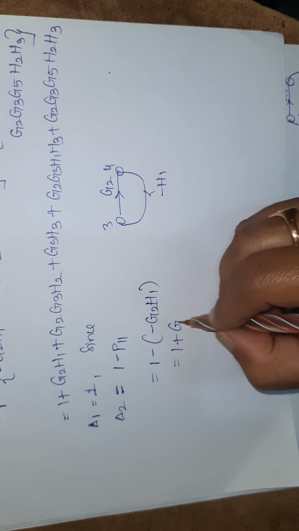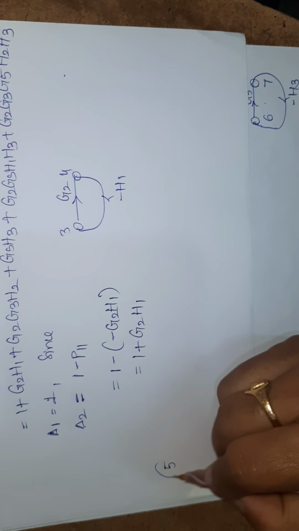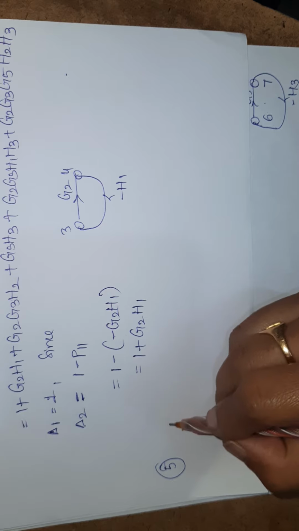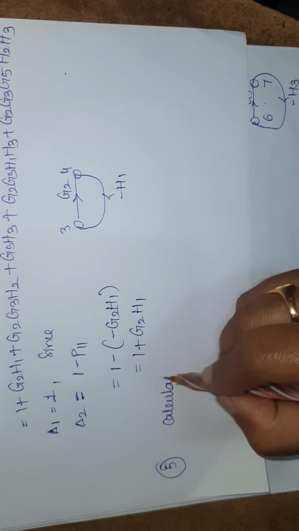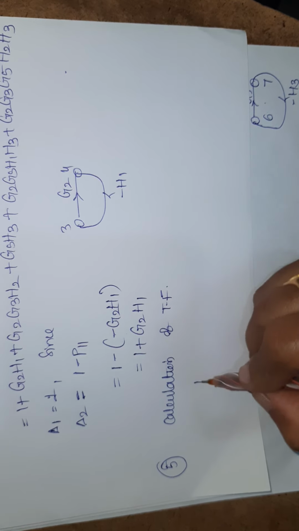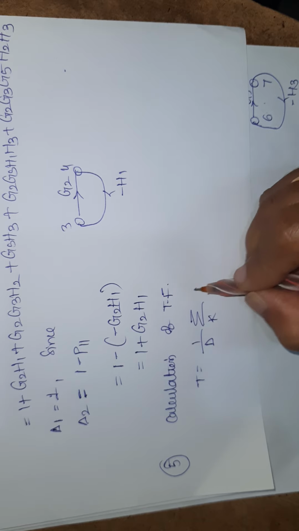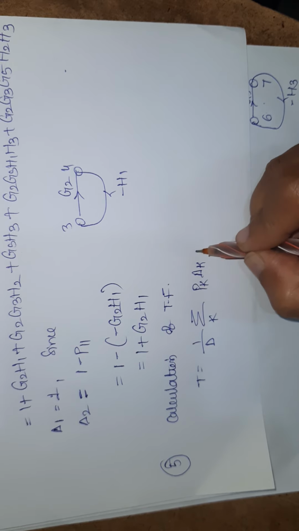This is 1 plus G2 H1. Now finally, what is the fifth step? The fifth step is calculation of transfer function. So what is the formula? T is equal to 1 by del summation Pk del k.